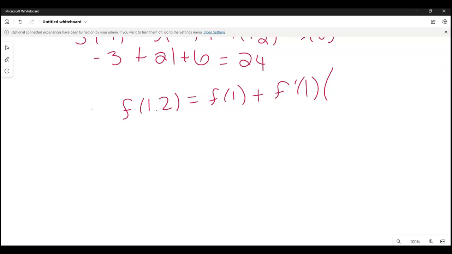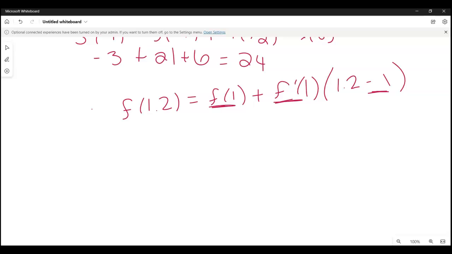So the x is 1.2, so it's 1.2 minus 1. Whatever number you have here is the number you subtract. The number you're evaluating goes in first. Does that help you?